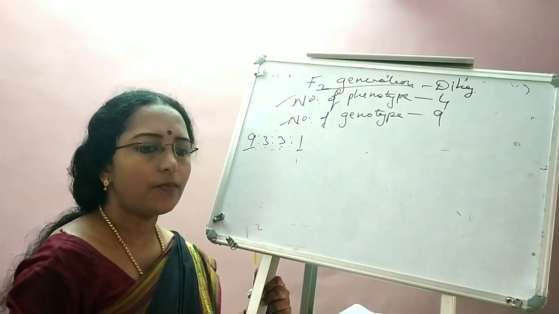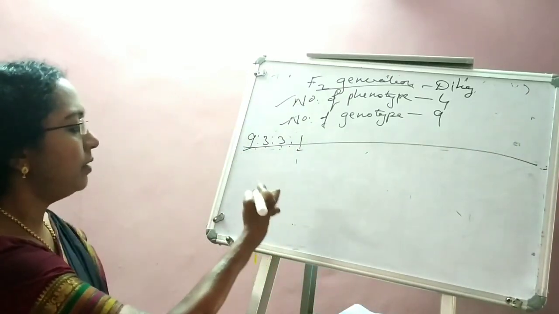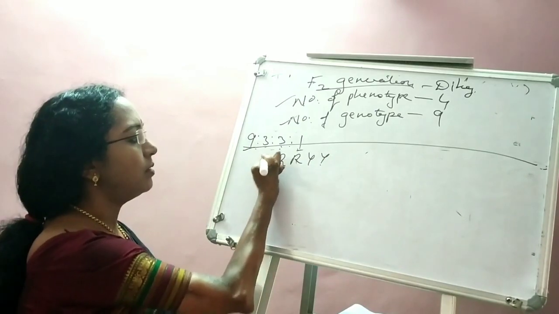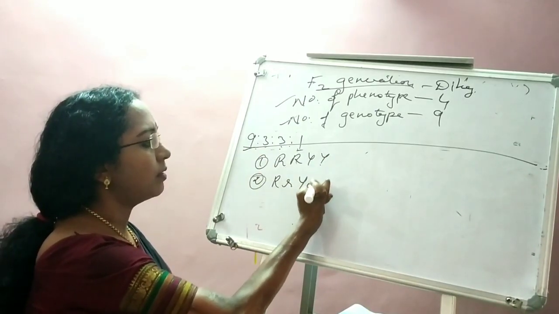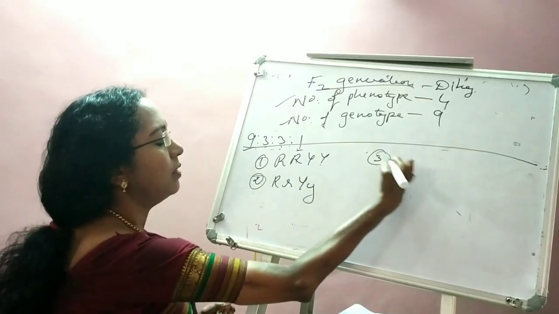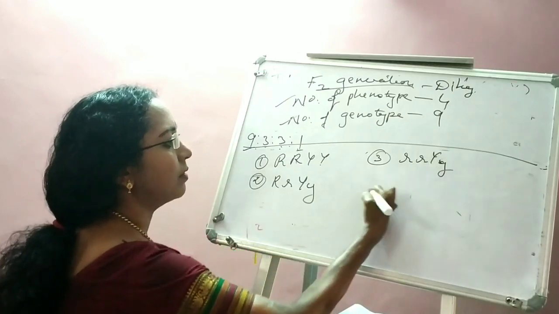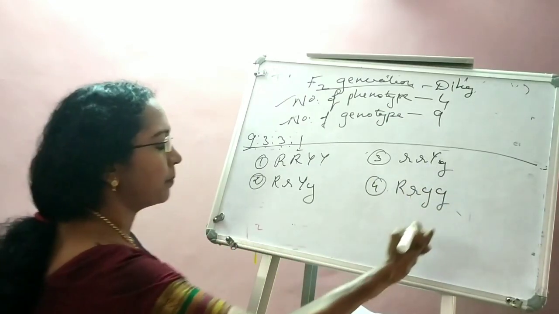Now, next question, I am giving you here 4 choices. This is one, second one, then third one, and fourth one, like this.